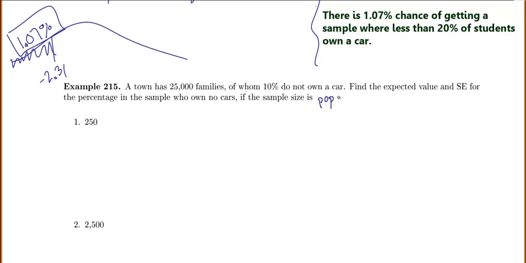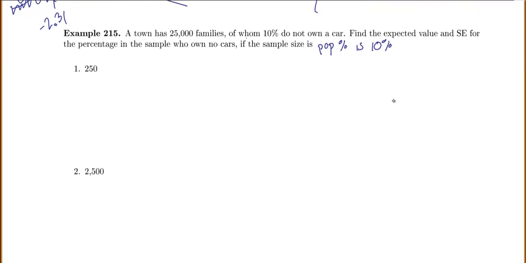First though, our population percent is 10%. That will be important for all the problems. So let's go through each problem and find the expected value and the standard error.